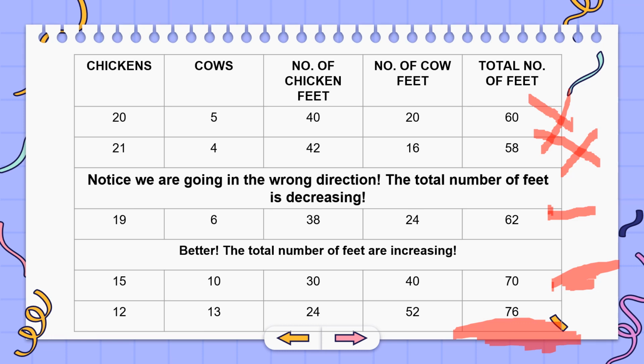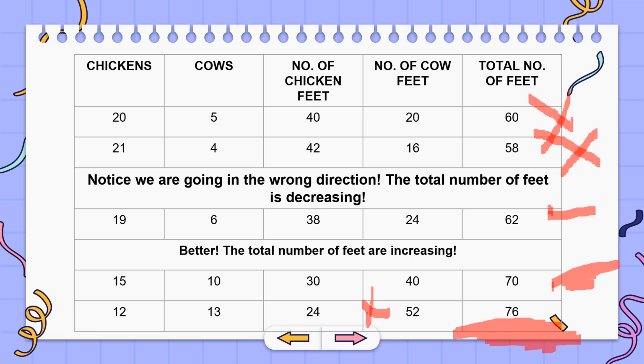So, we know that chickens have 2 feet. So, 12 times 2, 24. And cows, we assumed 13. The number of feet of a cow is 4. So, 13 times 4, 52. So, 24 plus 52 is 76.